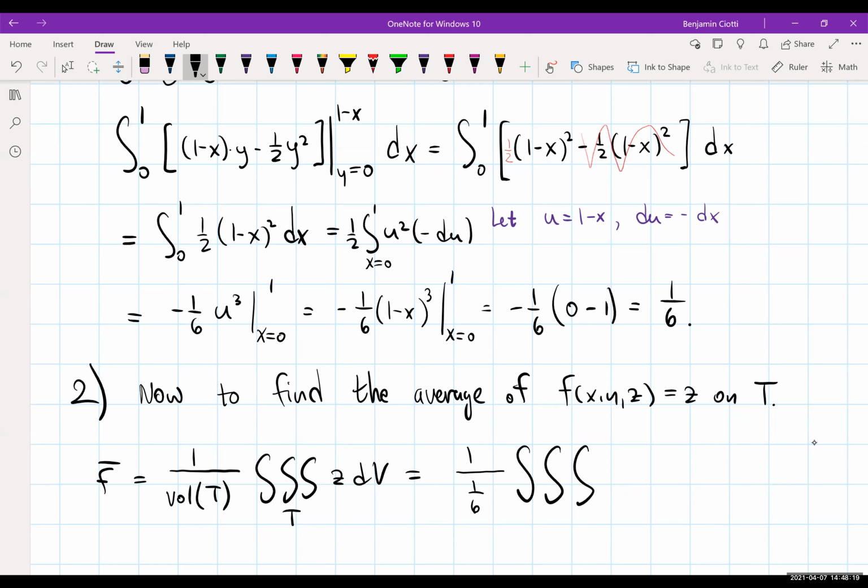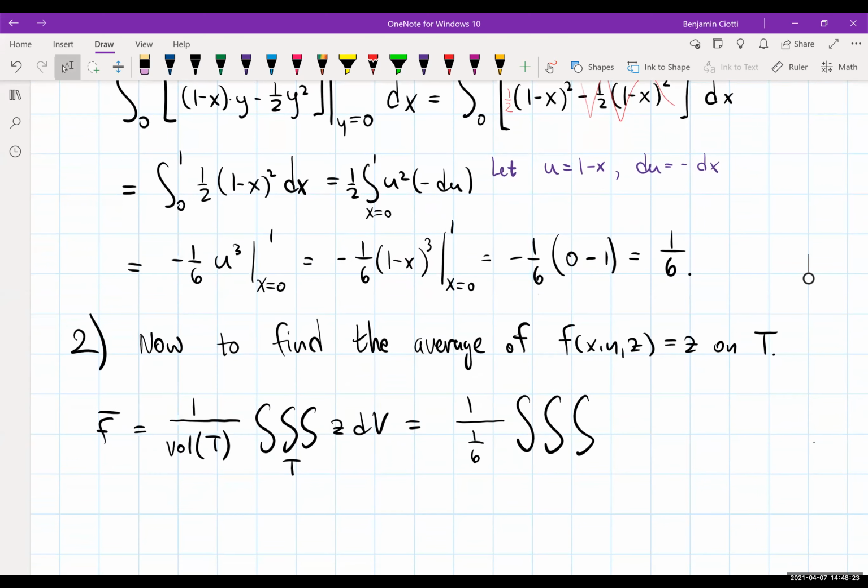And now, thankfully, I already did all the work to express it as an elementary region, so I don't need to redo the finding of the bounds and all that, thank God. So I can just plug these right in.